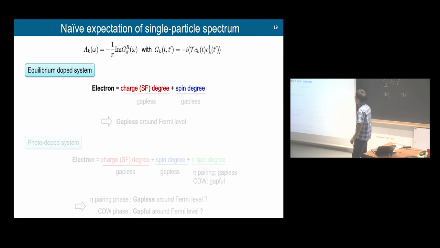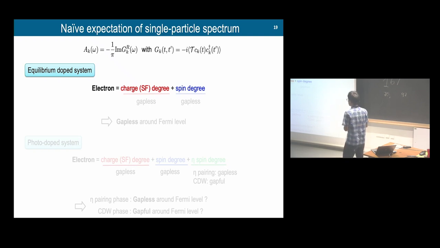And this kind of discussion of the massless modes has a direct impact on the single-particle spectrum, which can be measured with photoemission spectroscopy. The single-particle spectrum essentially measures the energy cost that is required for injecting or removing one electron to the system.